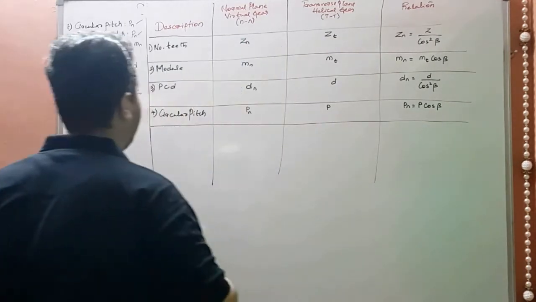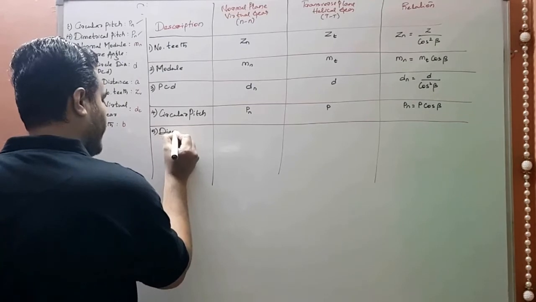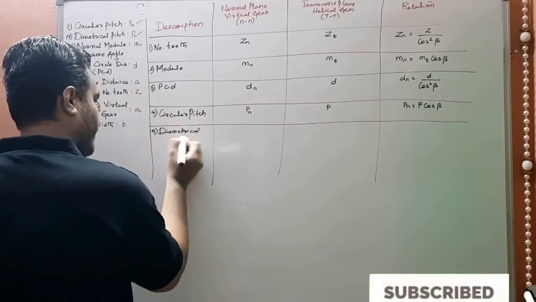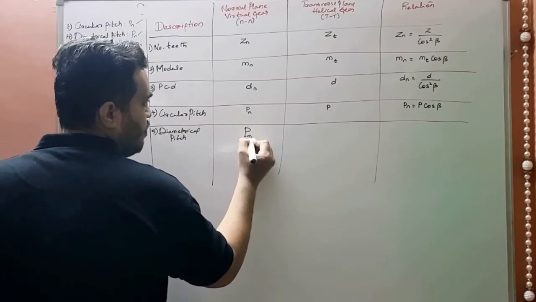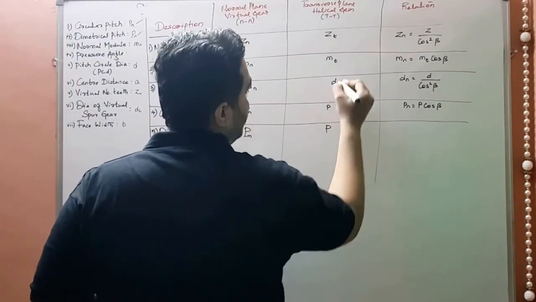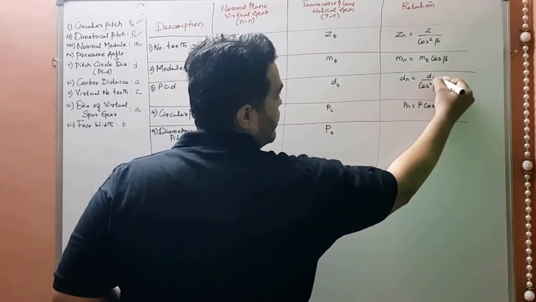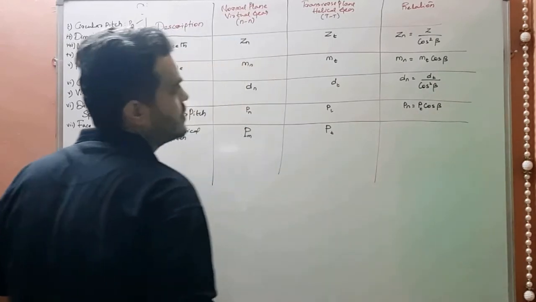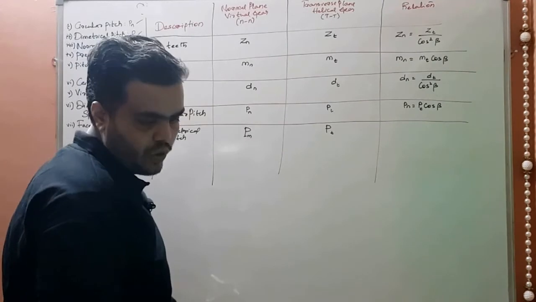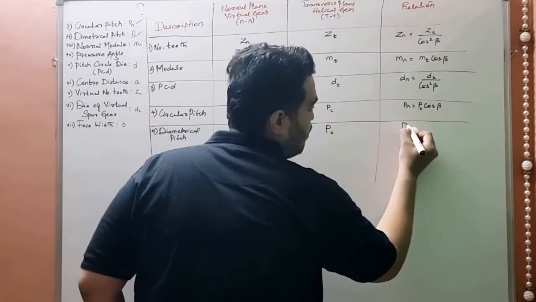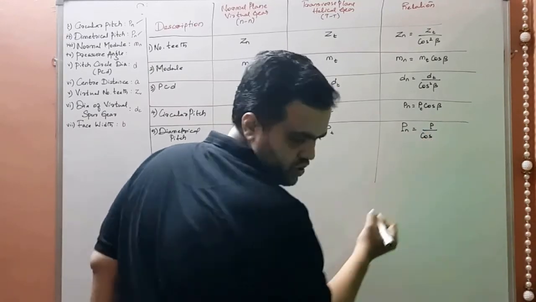Next we have the relation for diametrical pitch. We represent it by capital Pn, that is capital P. You can also consider this as Pt with respect to the transverse plane. What is the relation for this? Capital Pn is equal to capital P by cos beta.